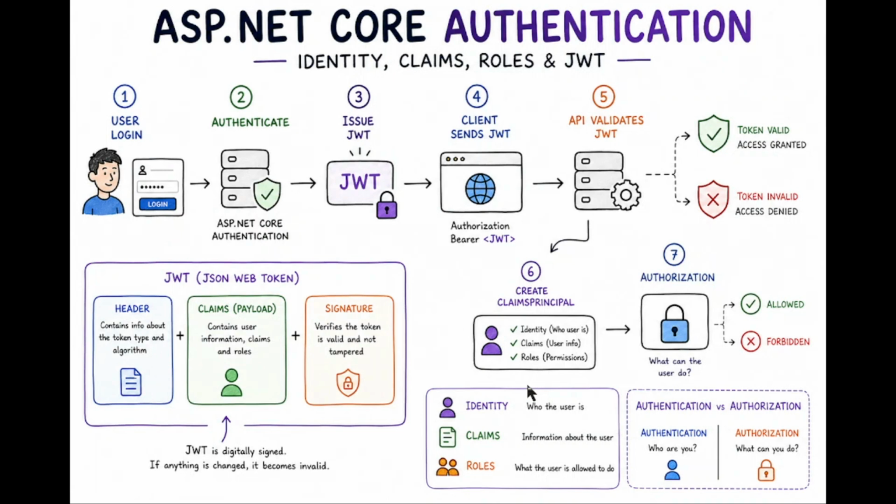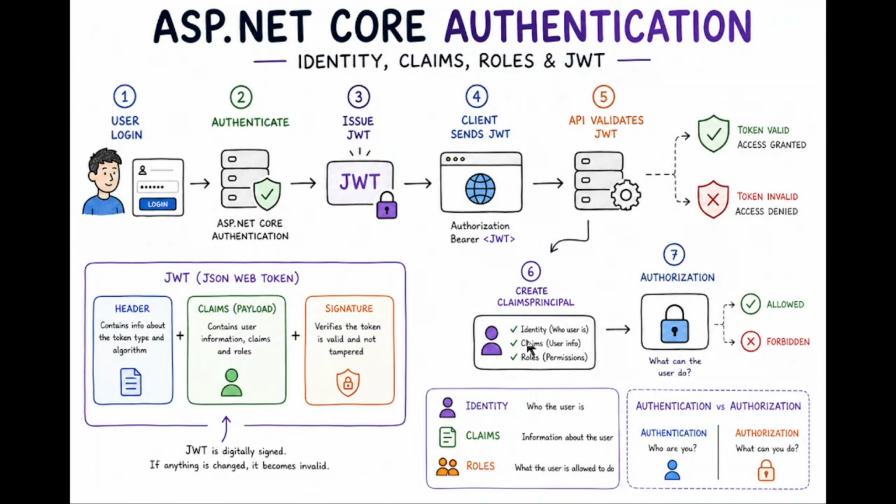Everyone has claims like name, employee ID, but only doctors can prescribe medicine. Why? Because they have the doctor role. Roles are permissions grouped together. Instead of checking hundreds of individual permissions, the application simply checks: does this user have the admin role? If yes, allow access.